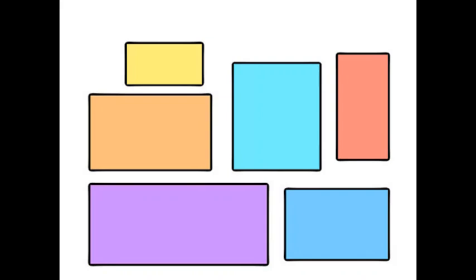Now look here. Can you tell me which shape is this? Yes, rectangle. See here also different sizes of rectangles. Some are big, some are small.